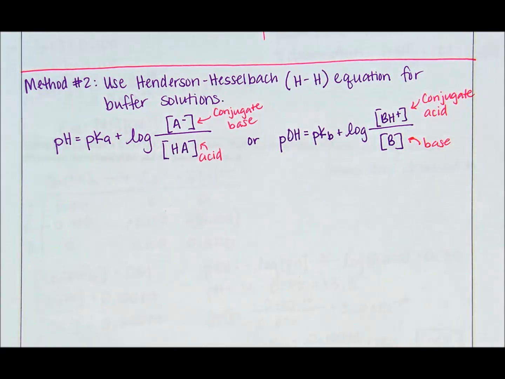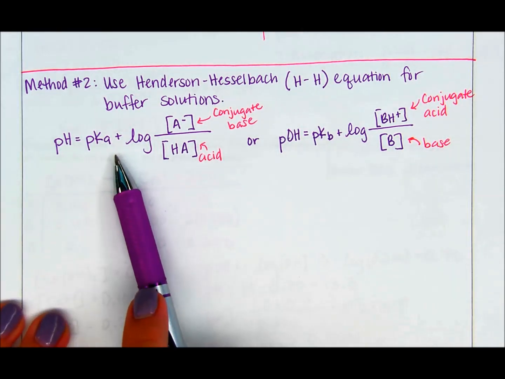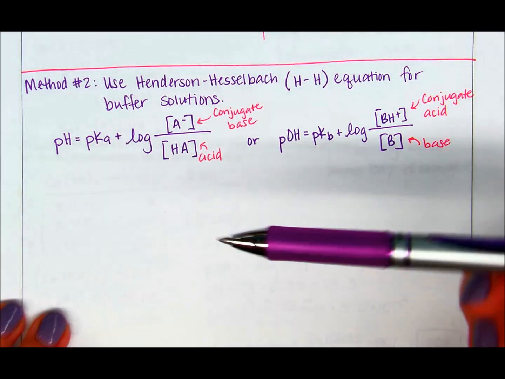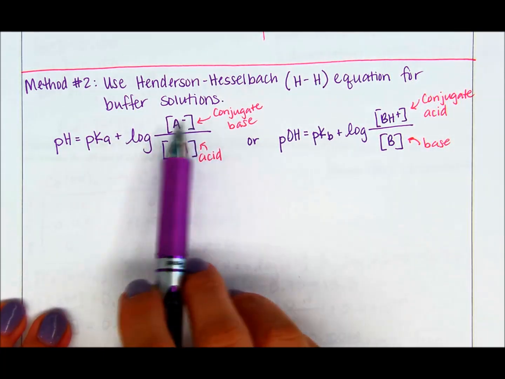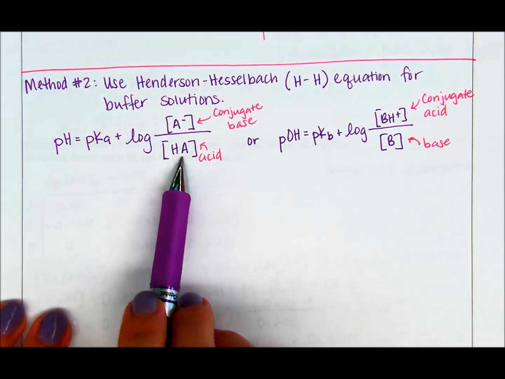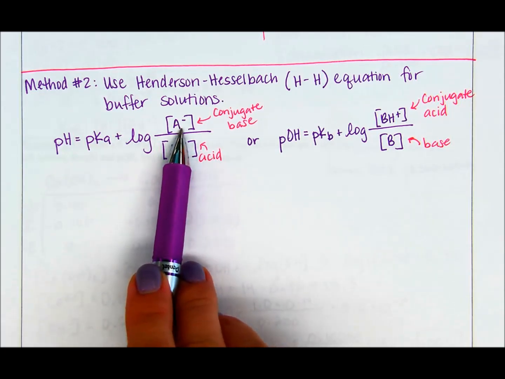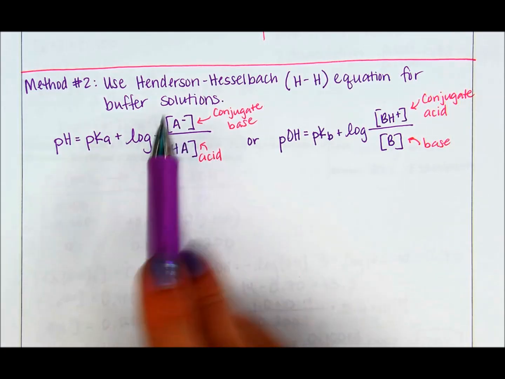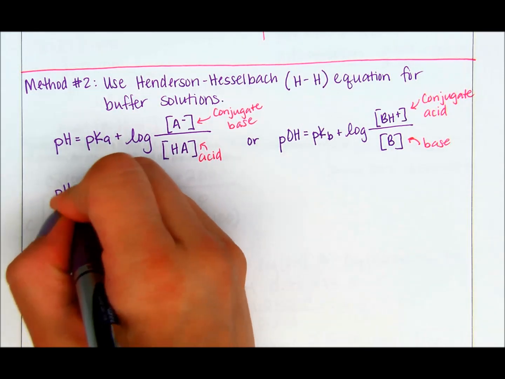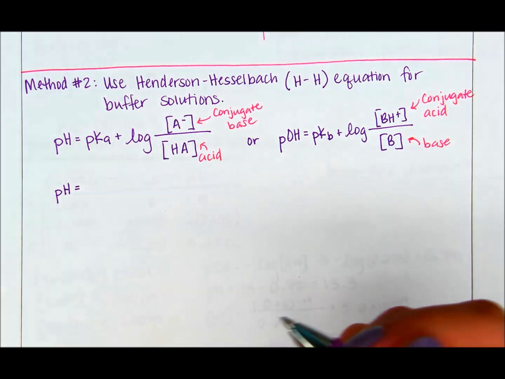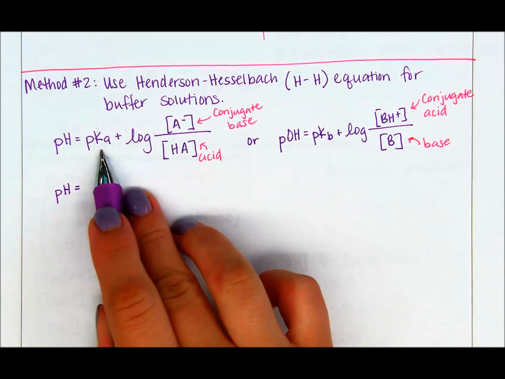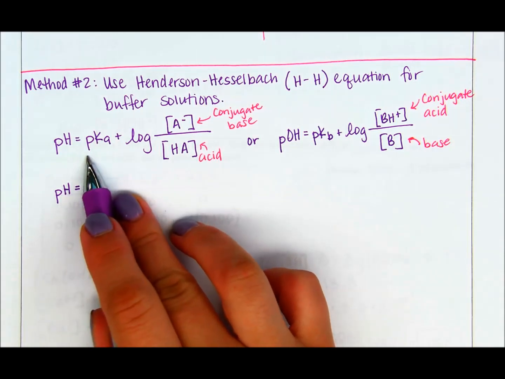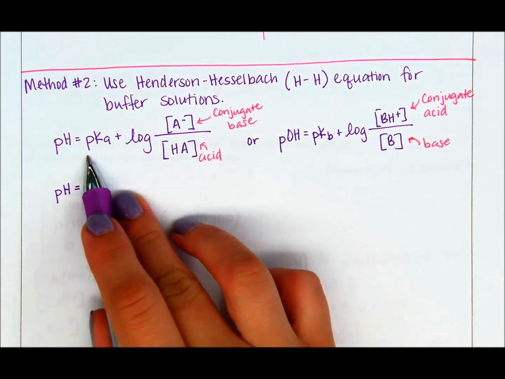Okay. So we are going to use this equation right here because we have a conjugate base and an acid. We have acetic acid and we have acetate. So let's go ahead and plug everything in. So pH equals, now pKa, remember when we were talking about pH, what that P stands for: P means negative log.